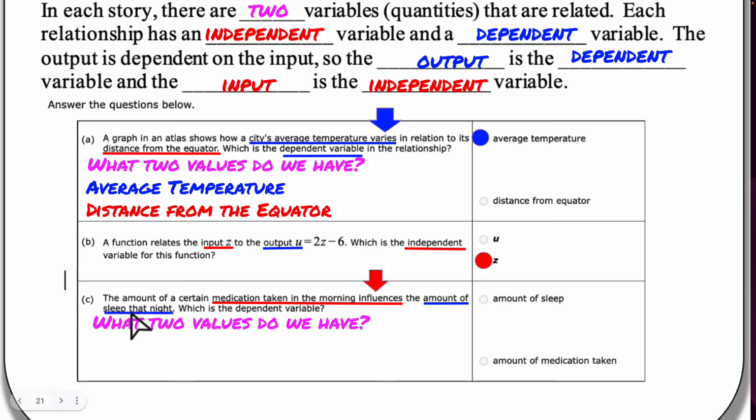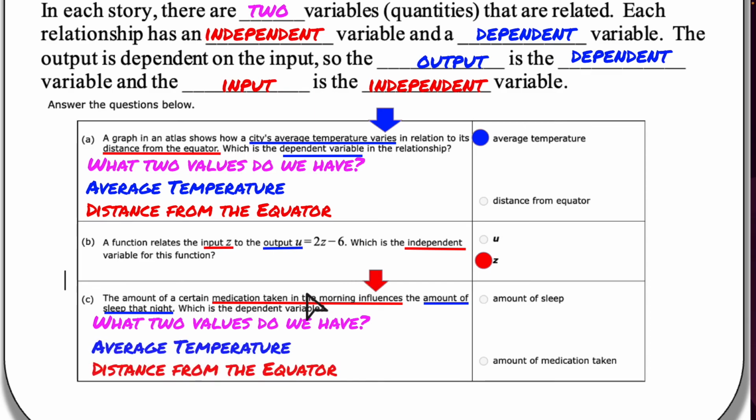So since the medication influences, it affects the sleep that night, that is the output, and the medication taken in the morning is the input. Oops, I forgot to change those two. I'll have to change those. So with this one, since I want to know what the dependent variable is, I want to know which one depends on the other. Sleep is going to depend on the amount of medication taken in the morning, or whether or not the medication was taken in the morning.